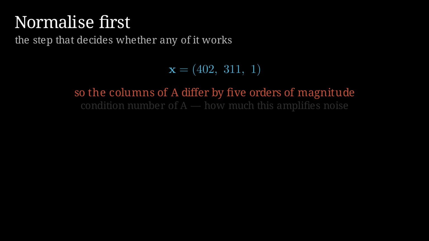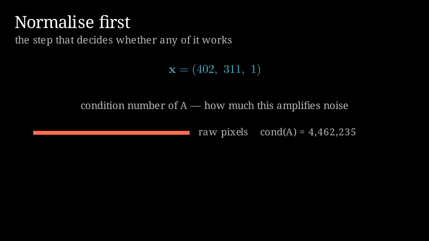One matrix, columns spanning 5 orders of magnitude. That's not a stylistic problem, it's a numerical one. The condition number of A tells you how much the solve amplifies noise, and here it's about 4.5 million. Your correspondences are good to half a pixel, and your answer isn't.